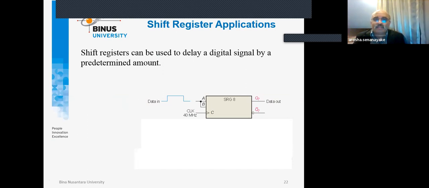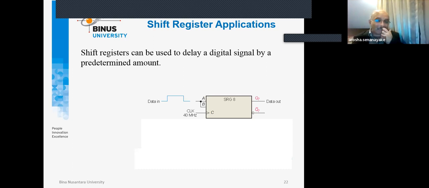Importantly, what we know from shift registers, not just shift registers but any type of D-type flip-flop, is this. When one clock pulse enters through the clock, the data which was available in A will appear in Q7.